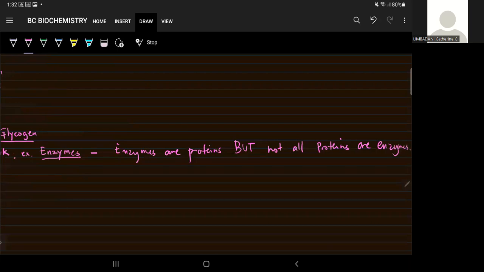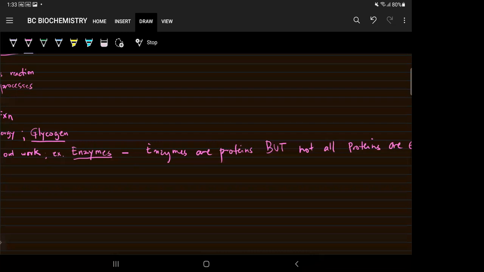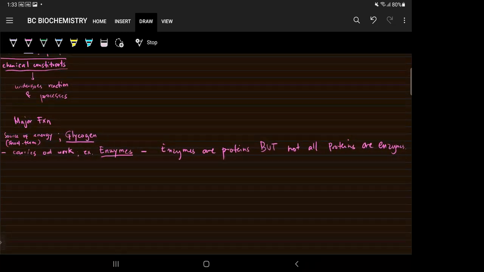Again, enzymes are proteins, but not all proteins are enzymes. And that is a fact kasi meron tayong classification of proteins. So when we discuss proteins, we'll be discussing those types of proteins, and one of that is an enzyme. Okay? So that is a fact under proteins, no? That enzymes are proteins, but not all proteins are enzymes.